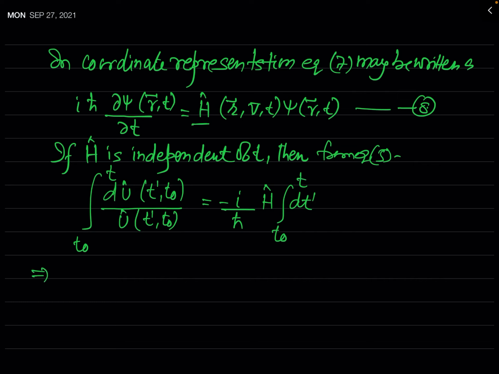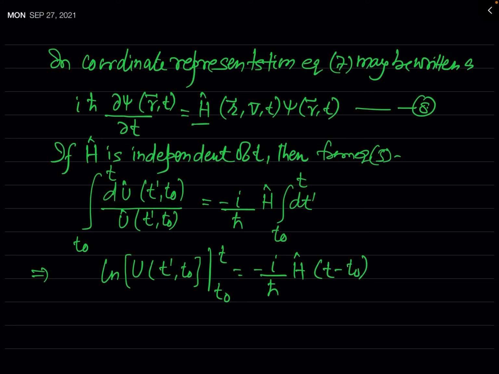Now see the LHS: the integral on the left-hand side will be what? This will be ln of U hat(t', t0), with limits t0 and t, and this is equal to minus i over h bar H hat times (t minus t0). Now put in the limits.